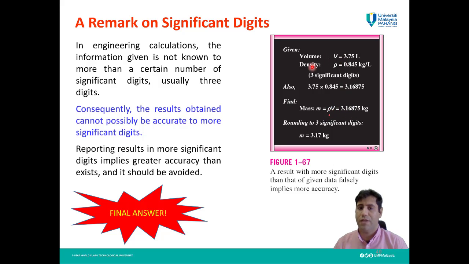We have them, so we can find the mass. But if we do this multiplication in our calculators, we will reach this. The final answer cannot be this, because the accuracy of the values we have is three significant digits. So the final answer should be rounded to three significant digits, 3.17 kilogram.